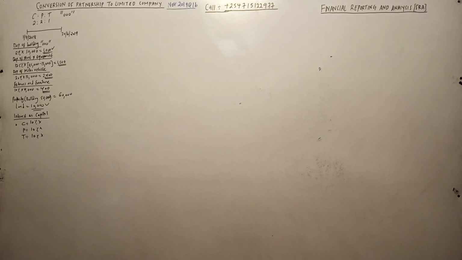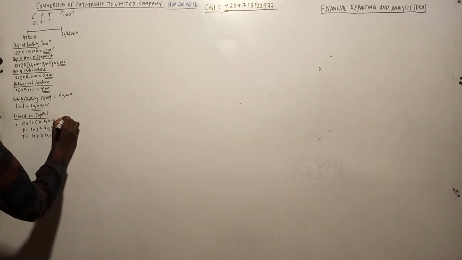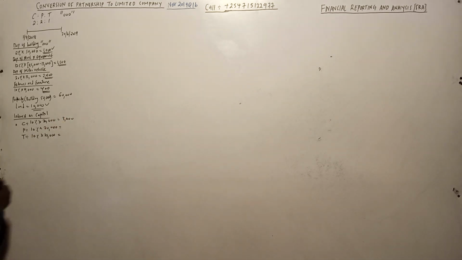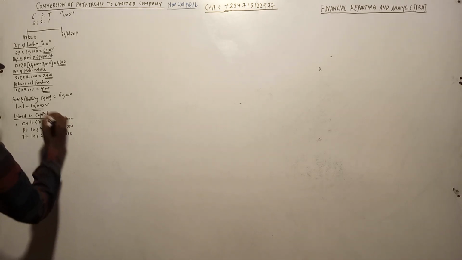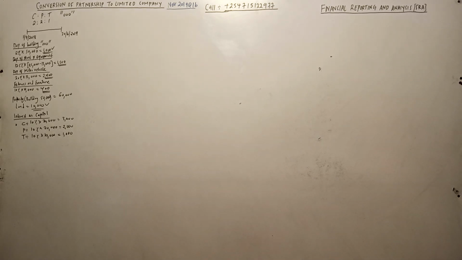Let's see their capital. So let's go to our trial balance and look for the capital account. Now, Chanda is 30,000, capital accounts 30,000, 20,000 and 10,000. So that you will get 3,000, 2,000, and 1,000. So we have done with capital account.